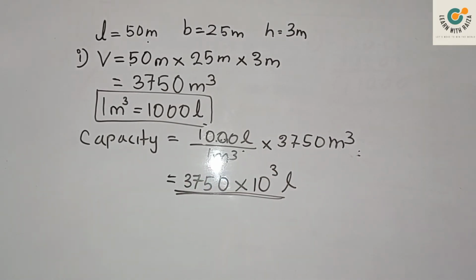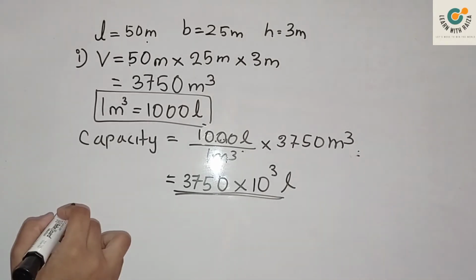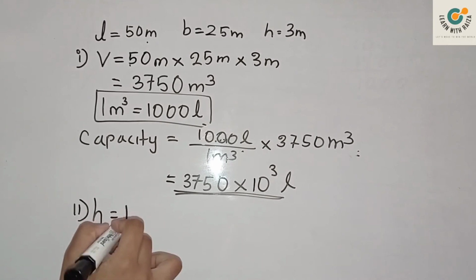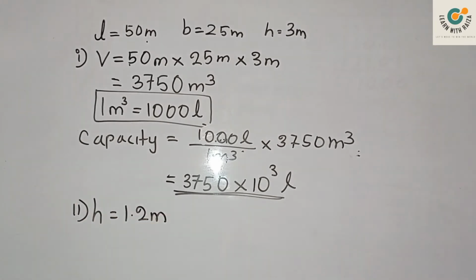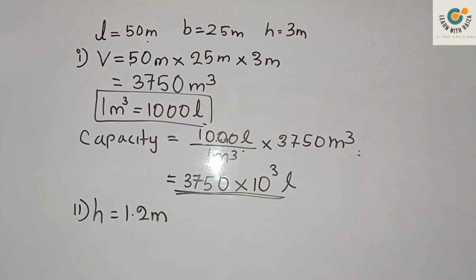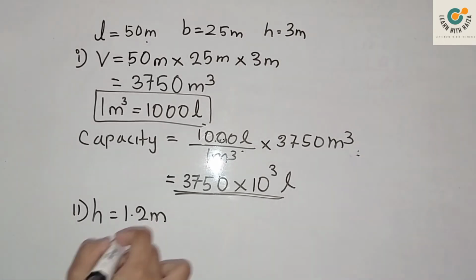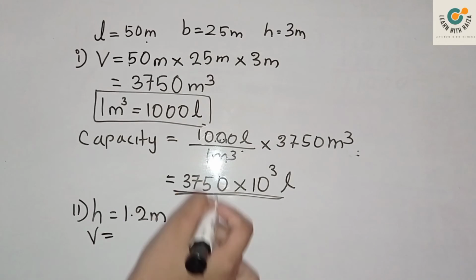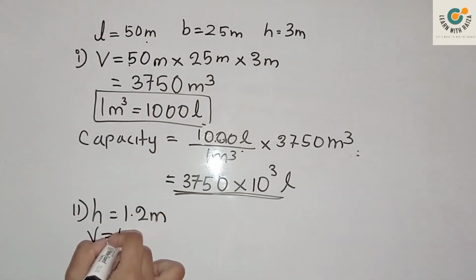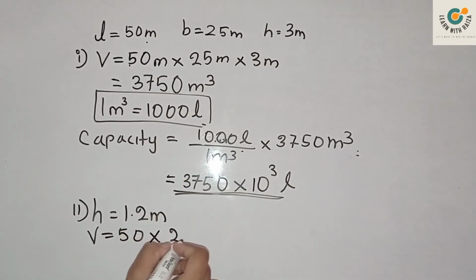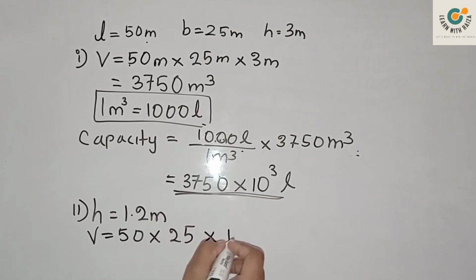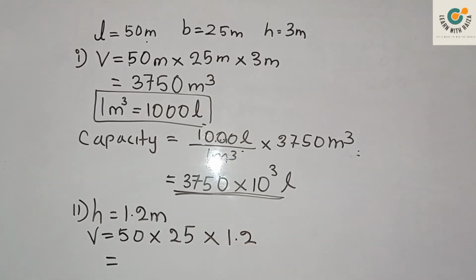And Roman number 2 says, if the swimming pool is filled with water up to a height of, okay, height is given as 1.2 meters, what is the volume of water in the swimming pool in liters? So you have to find the volume of water. Volume equals length into breadth into height. Length 50 meters, breadth 25 meters, and the height is different, 1.2 meters. All are in the units of meters, so we can multiply them.